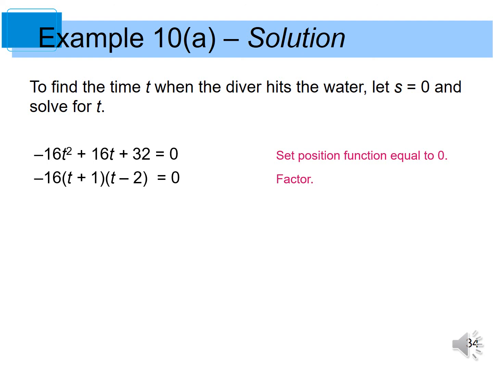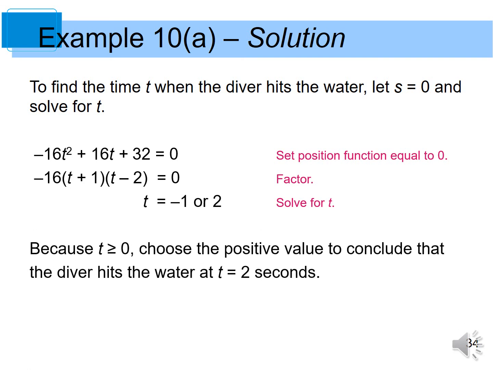The distance is equal to 0. That is why we let it equal 0 and calculate t. We have two values of t, negative 1 and 2. Because a negative t is impossible, t is equal to 2 seconds.